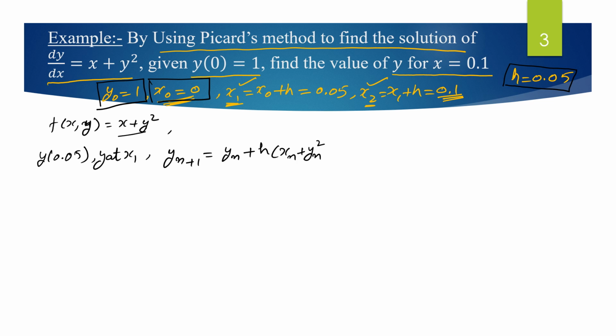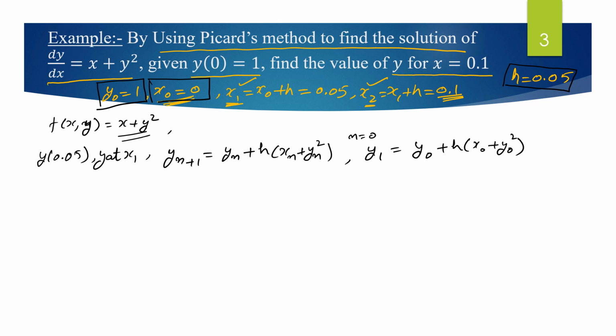This is the function x + y square. If we consider n equal to 0, then y1 = y0 + h(x0 + y0 square).